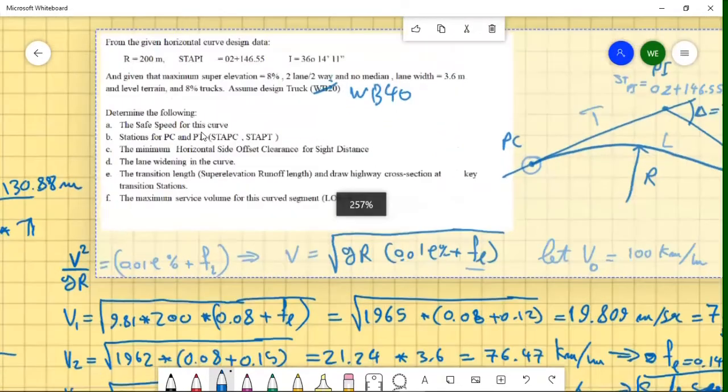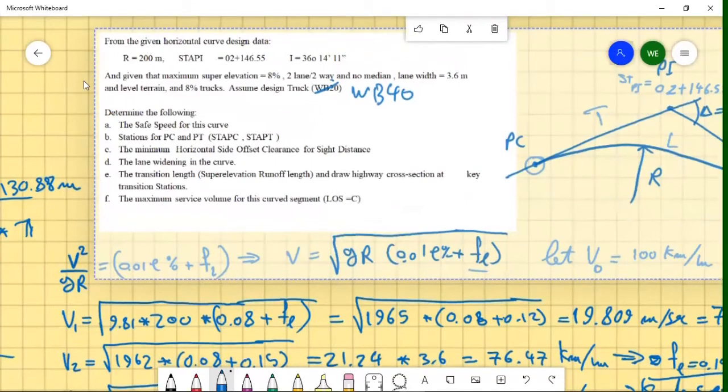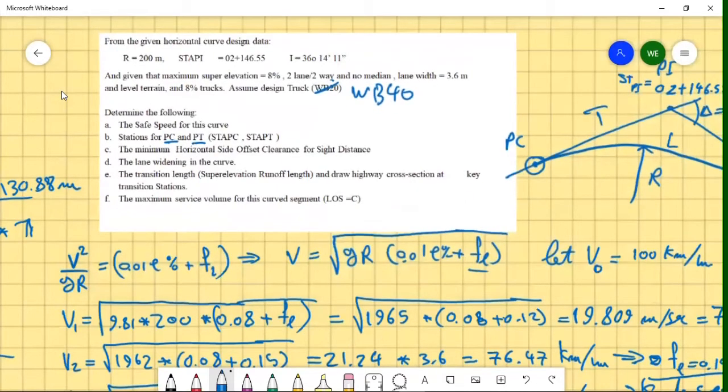Let's read it. Here we wanted the station for the point of curvature and the station for the point of tangent, and the minimum horizontal side offset clearance for side distance. This is what we are going to calculate now. And the lane widening, we calculated this, and the transition length we didn't calculate last time, and the key transition station, and the maximum service volume for this curved segment at level of service C.